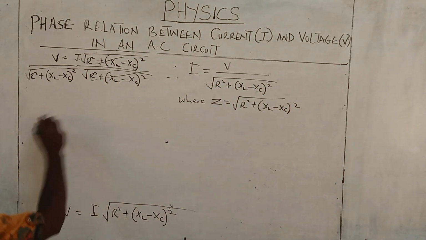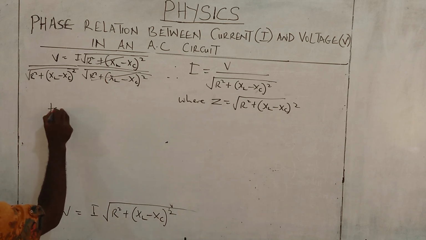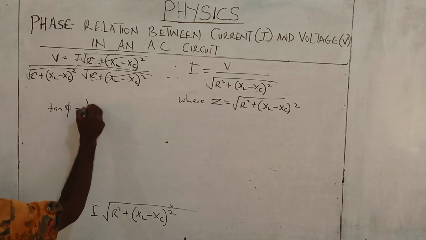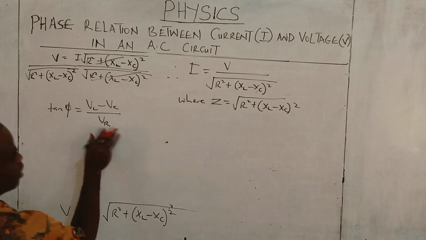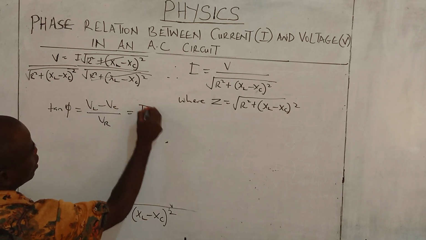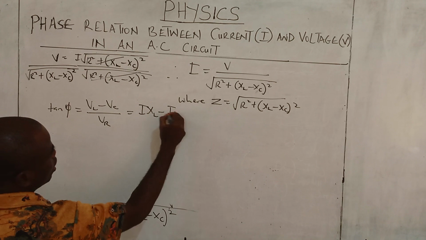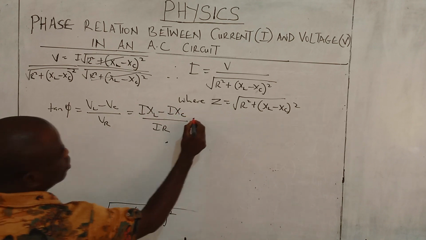And when you have to look for the phase angle under this, tan phi equals VL minus VC over VR. That's the phase angle. In case you are not given the voltage directly, that's expressed as IXL minus IXC over IR. Current is common.